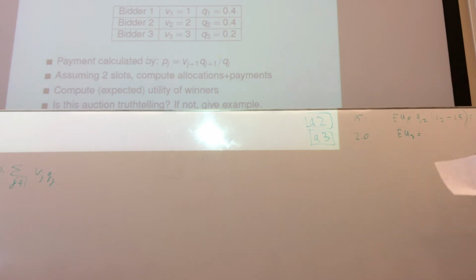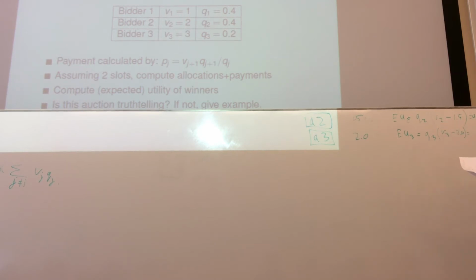So how much is it actually? Both of them. 0.4 times 0.5 is 0.2, yeah. And so this one will be Q3 times V3 minus 2.0.